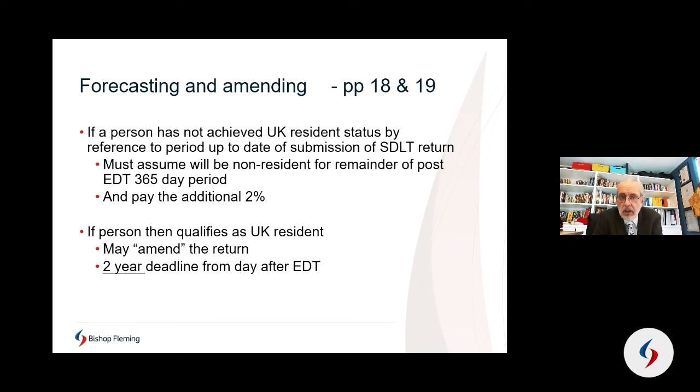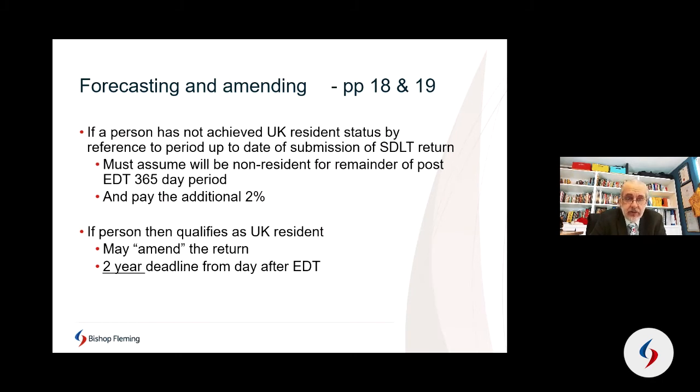Now, to amend a return, normally you've got a 1-year deadline from 14 days after the effective date of the transaction. But for this purpose, because that takes us right up to the end of the possible qualifying period, we get an extra year. The deadline for amending the return for this purpose is 2 years from the effective date. Unfortunately, amending the transaction doesn't mean sending in a simple form online like we do for the 3%.